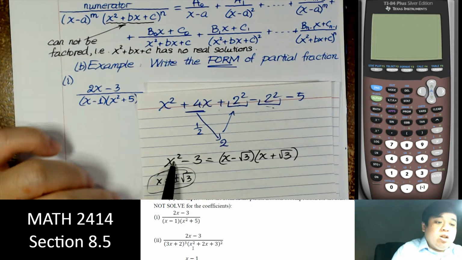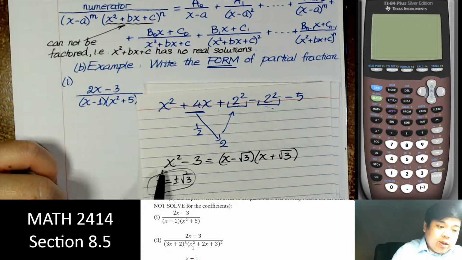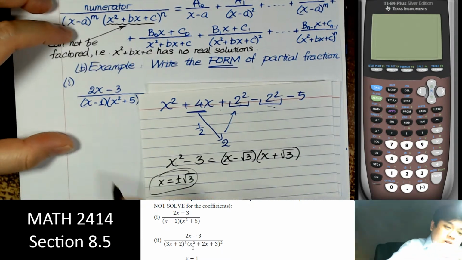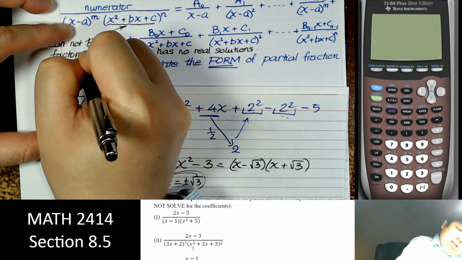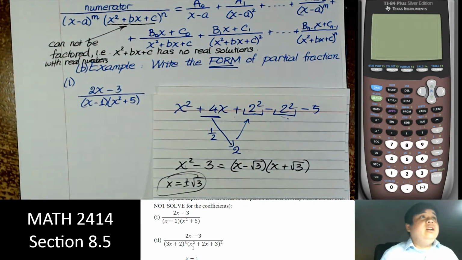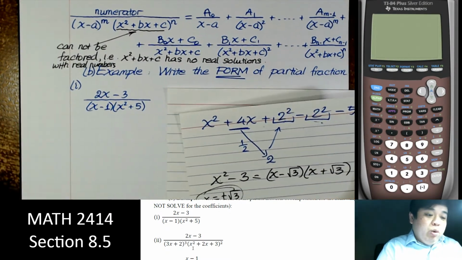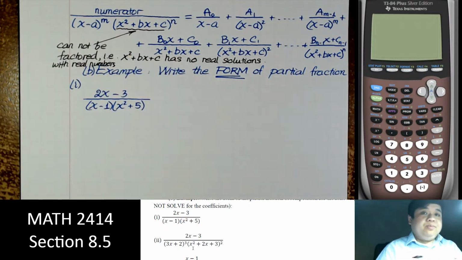So that one is not irreducible. To be precise, irreducible means it cannot be factored with real numbers, or that the equation has no real solution.